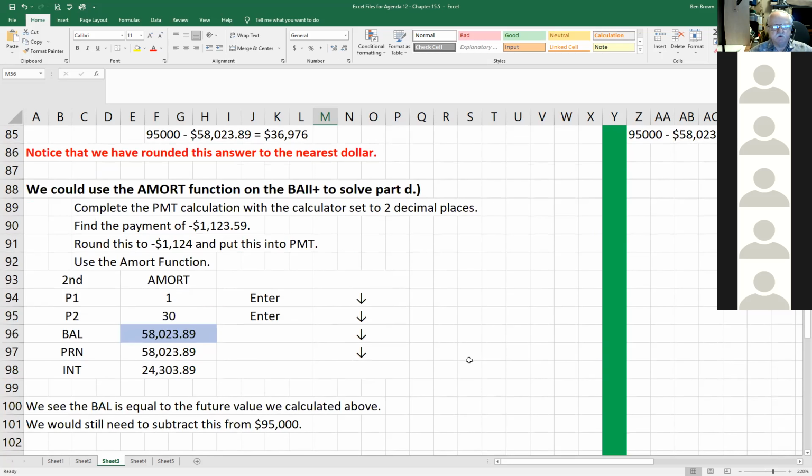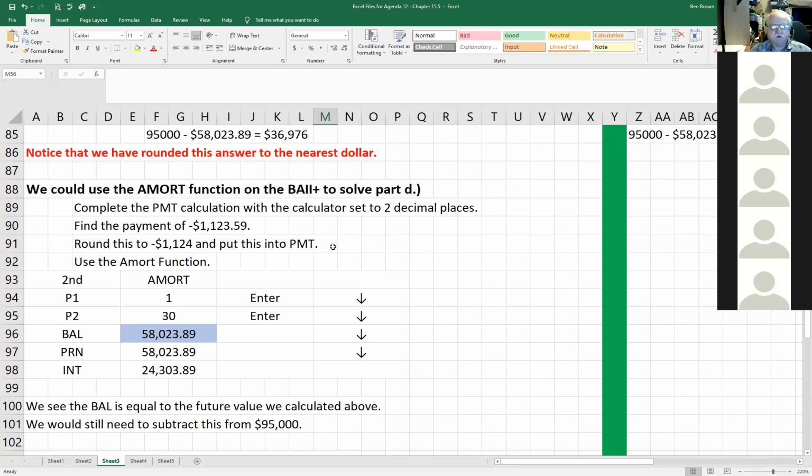And strangely enough, we could do this calculation on the BA2 plus. And we don't have to do two calculations. Once we've done the payment calculation with the calculator set to 2 decimals, we found the payment of this, but we've got to round this to 1124 and put this into payment.